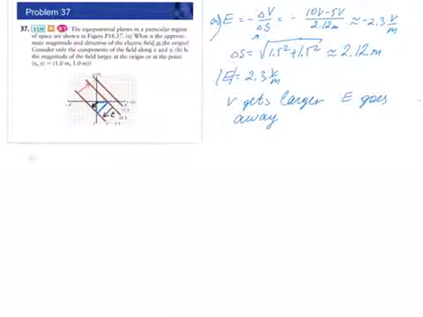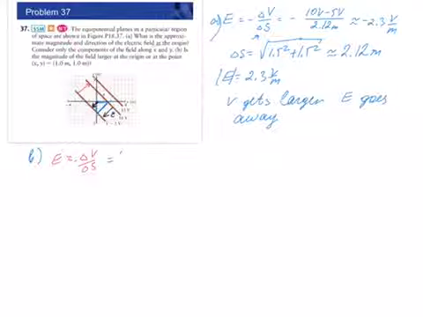Let's look at B. We can try to analyze this problem without actually calculating. Look at what we have for point 1, 1. I'll use red color for this point. Using the same approach, E is equal to delta V over delta S. Let's go back to blue color.